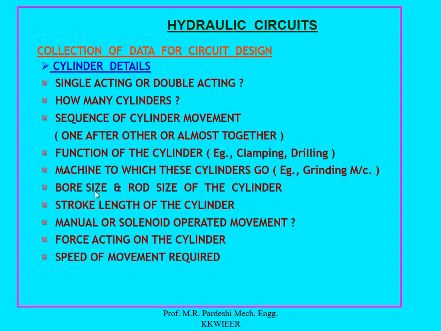How much speed we predict, as I talked about the cycle time, is related to the speed of movement required in the particular application. Then lastly, single speed, double speed or multi speed. At one stroke length, if we divide it, that may be double speed or multi speed.